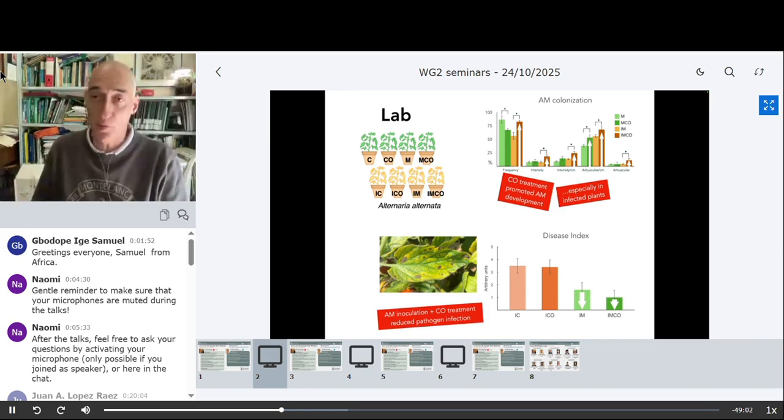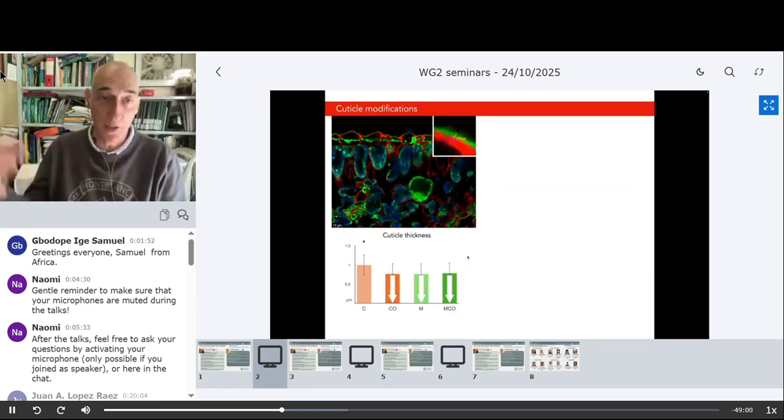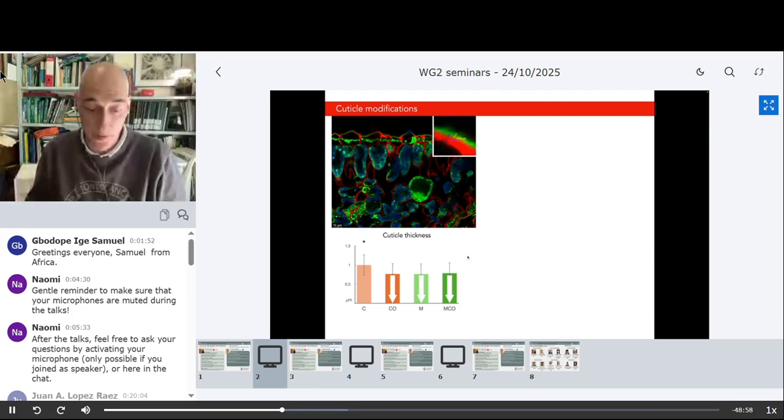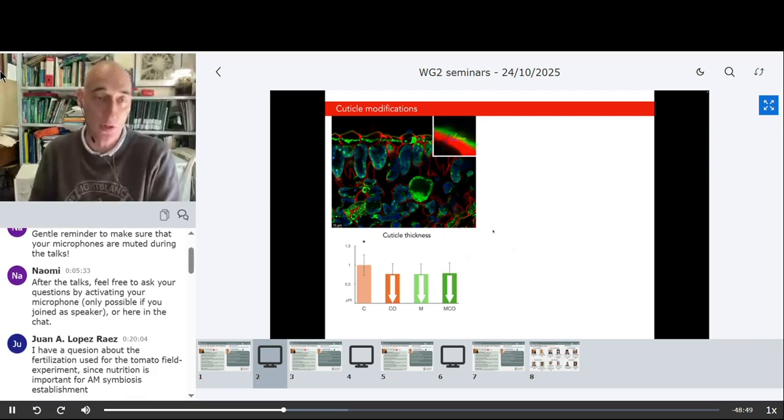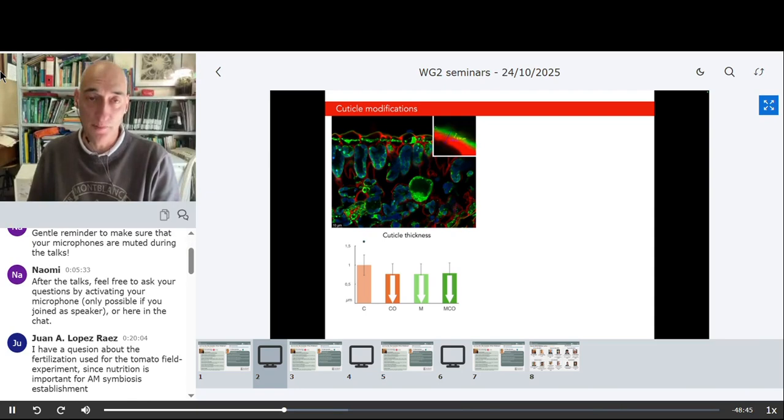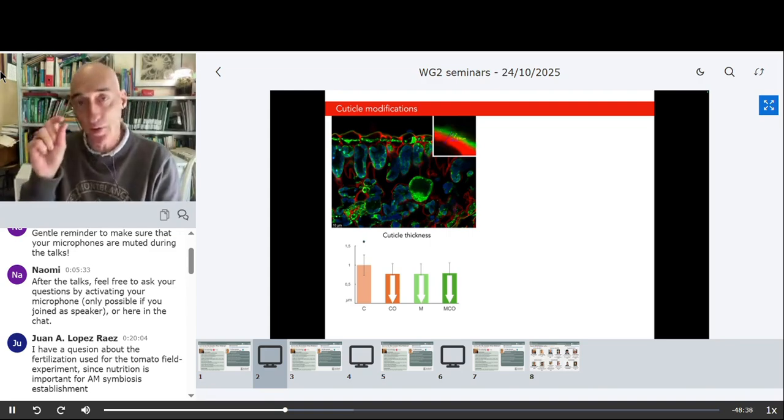Our first hypothesis was that maybe the leaf cuticle, or the cell wall as the first line of defense for plant cells, was stronger in these plants. So we did a very simple experiment of sectioning tomato leaves and then staining the cell wall and cuticle with different fluorescent dyes. And you can see here the results. We could really measure the thickness of the cell wall and the thickness of the cuticle.